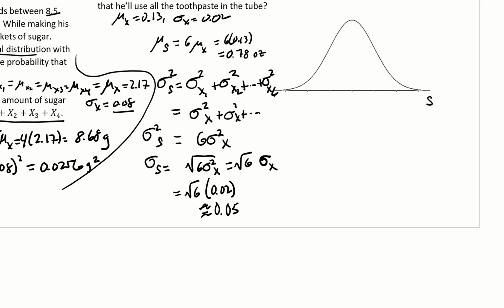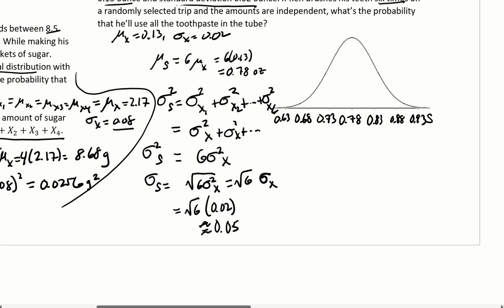Now we got a mean of 0.78, and we're going to go by 0.05: 0.83, 0.88, 0.93, and then subtract: 0.73, 0.68, and then 0.63.